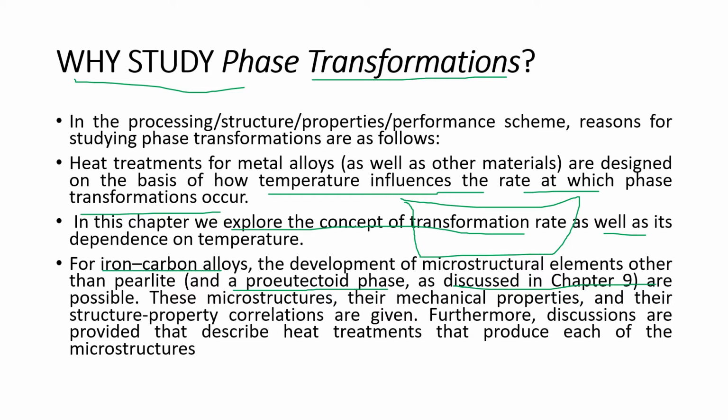One other example is the nickel chromium alloy, which we have also discussed in chapter 9, because it is another alloy other than iron carbide. So these microstructures, their mechanical properties and their structure property correlations are given. Furthermore, discussions are provided that describe heat treatments that produce each of the microstructures.